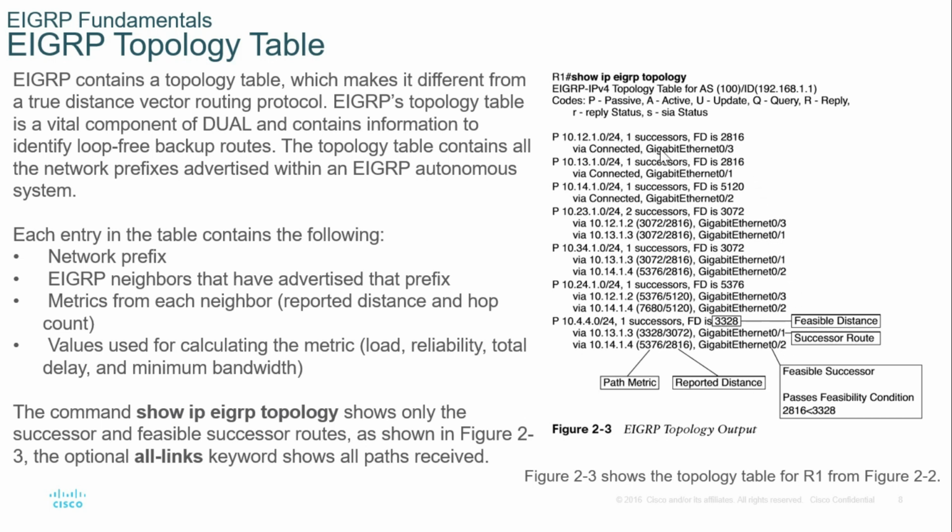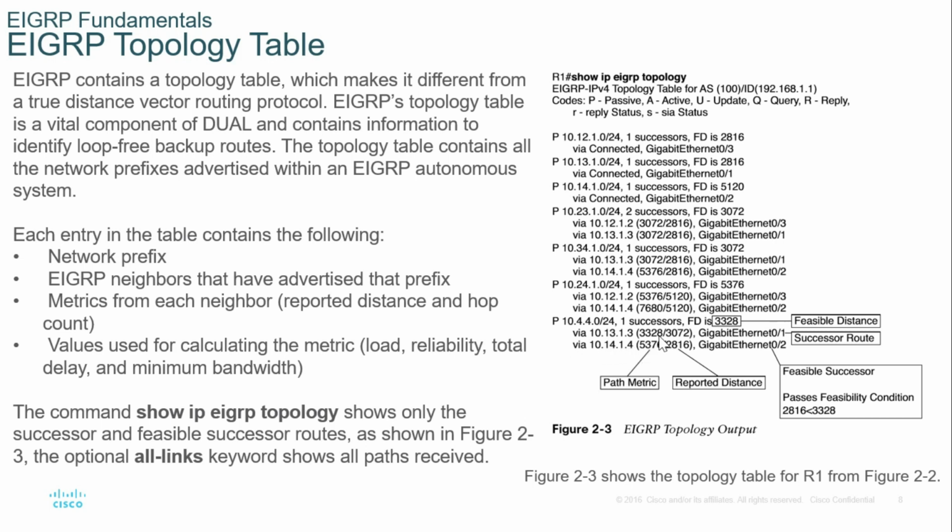Dia lalu gigabit Ethernet 03 nak ke router sebelah dan the total distance untuk sampai ke network ini adalah ini. Okay, so satu successor kita tengok dekat 10.4 lah, sebab ini topologi yang kita refer tadi. So feasible distance kita dah tahu 3328.